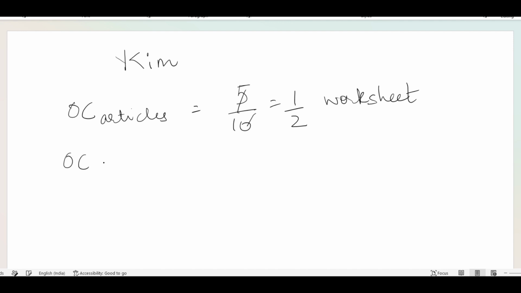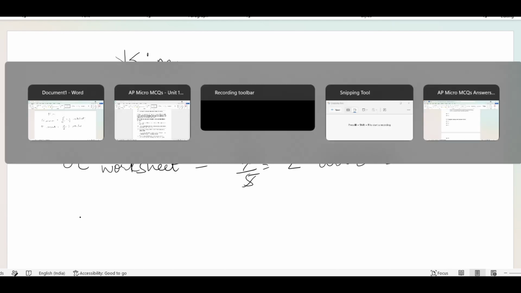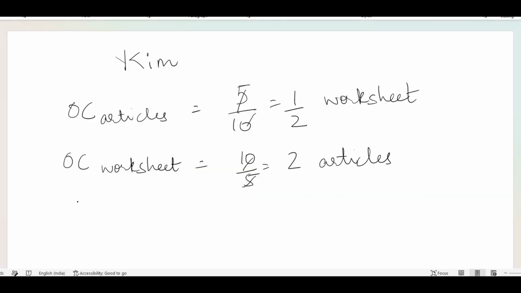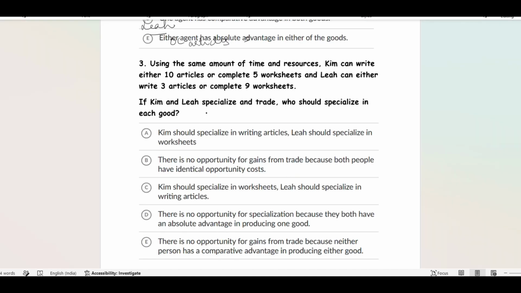And the opportunity cost for the worksheet for Kim would just be the reciprocal. So it would be 10 by 5, which gives you 2 articles. So for every worksheet, Kim has to sacrifice 2 articles. Now let's see for Lee. Opportunity cost for articles: Lee can either write 3 articles or complete 9 worksheets.